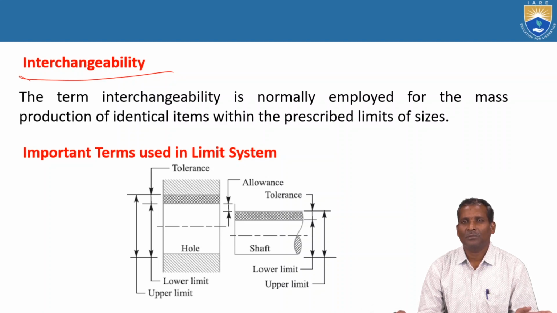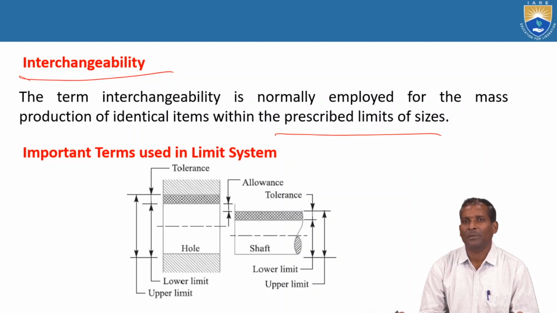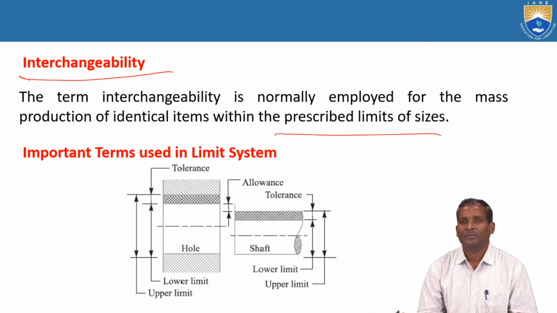The term interchangeability is used for the mass production of components within prescribed limits of size. The component should be within some prescribed limit, and only then is the term interchangeability applicable.